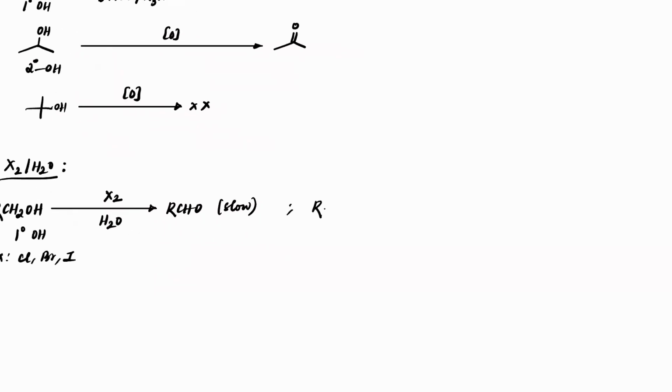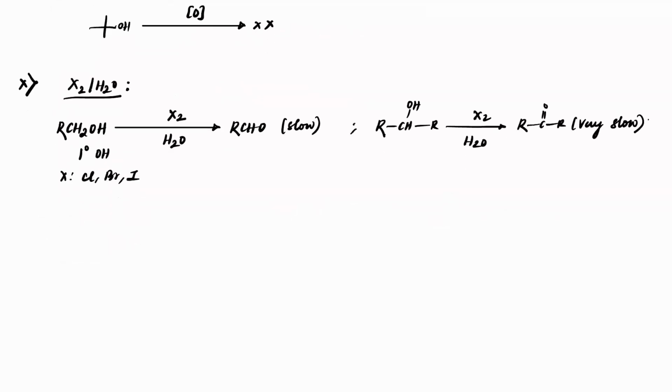And if it is for a 2-degree alcohol with X2 and H2O, it is a very slow process. It might turn into a ketone, but very slowly.